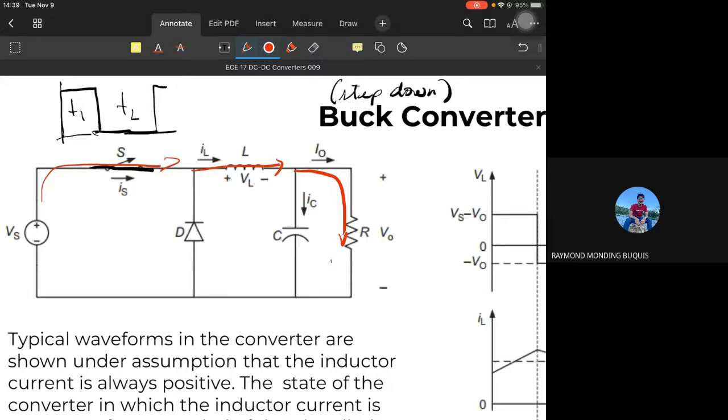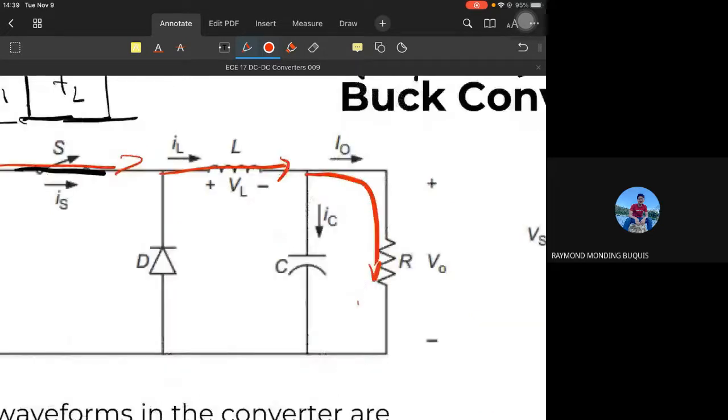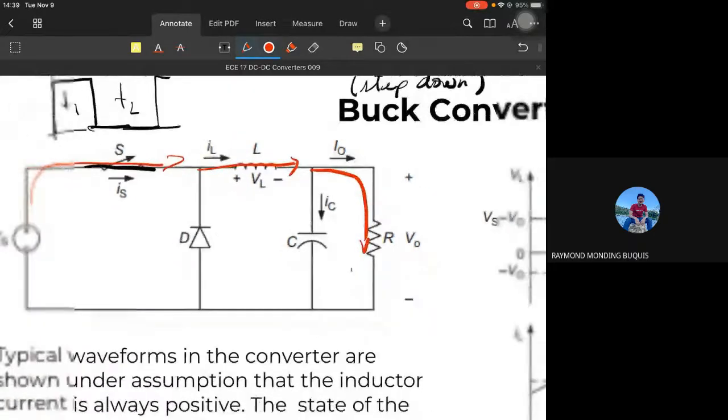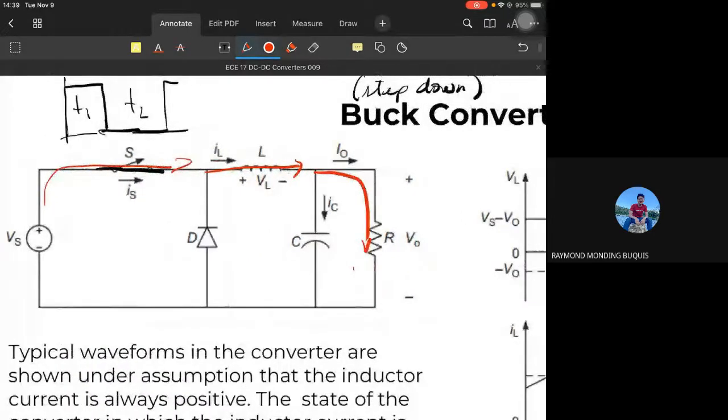So VL, or the voltage across the inductor, will reach the amount that is chopped off by our circuit. Going back to my earlier example, if it is 10 volts here and we divide it into 5 volts, then 5 volts is the voltage the inductor reaches.